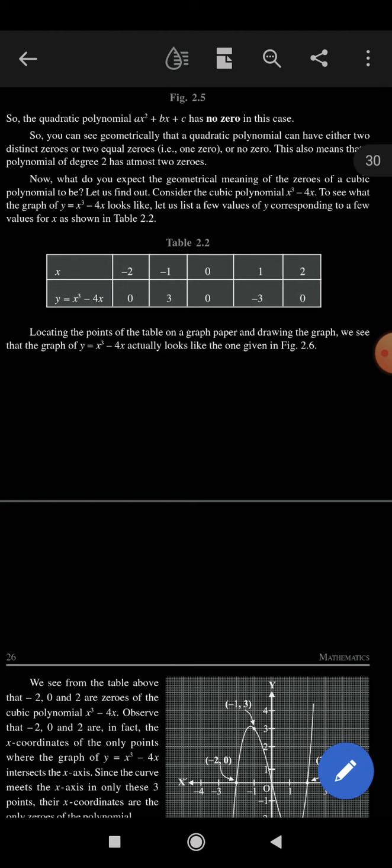Here x takes the values minus 2, minus 1, 0, 1, 2, and the equation is y is equal to x cube minus 4x, and the results are 0, 3, 0, minus 3, 0 respectively.